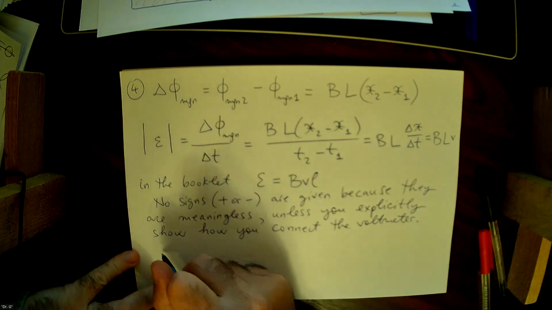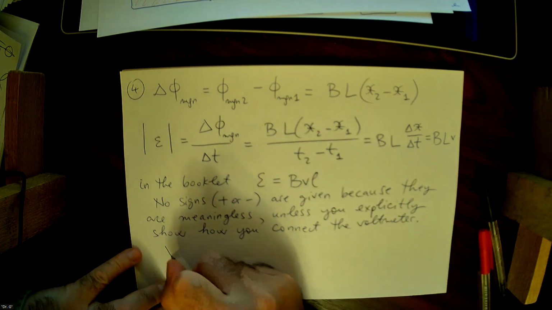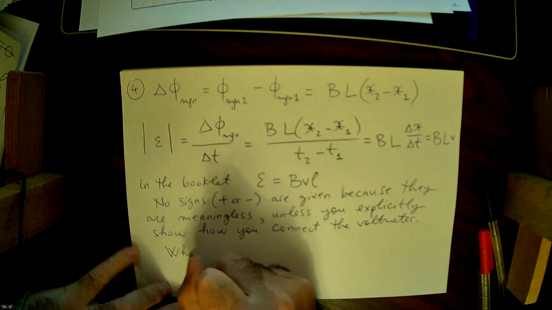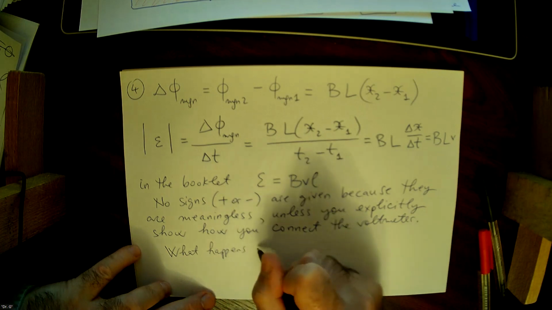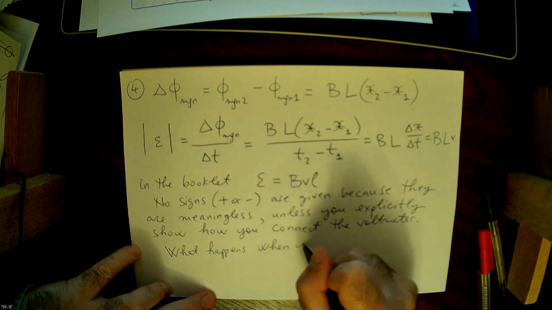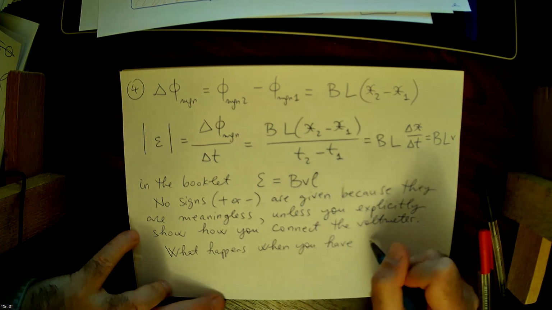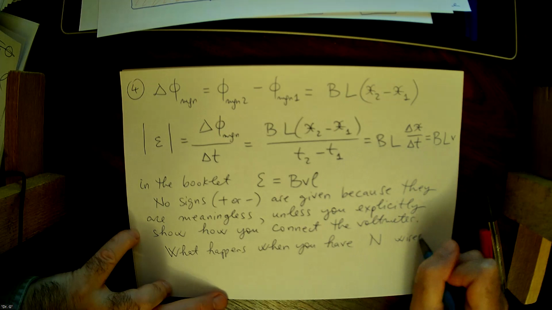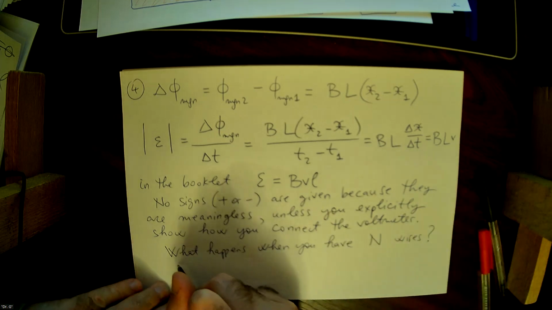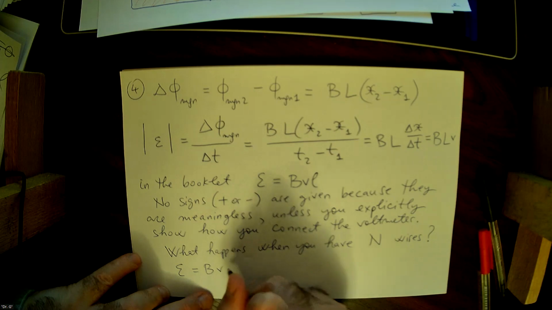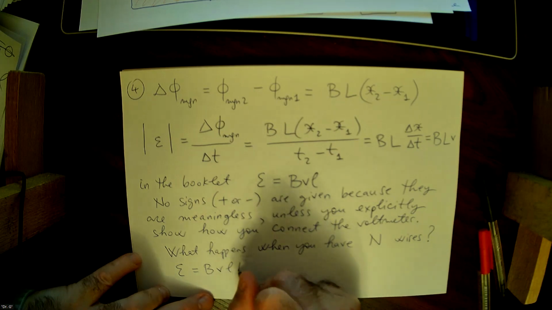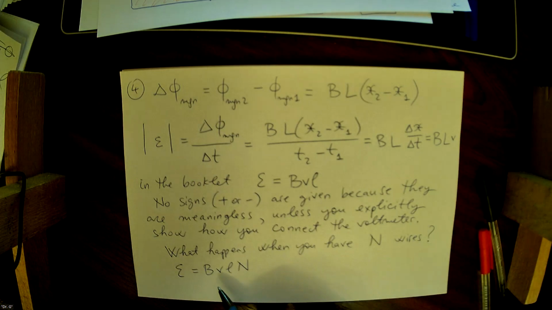What happens if you have n rods? You have n wires. Well, you just multiply by n. And you also have this formula in the booklet.